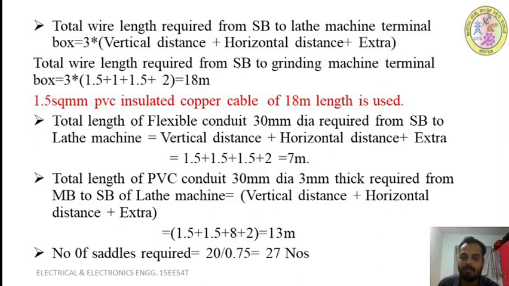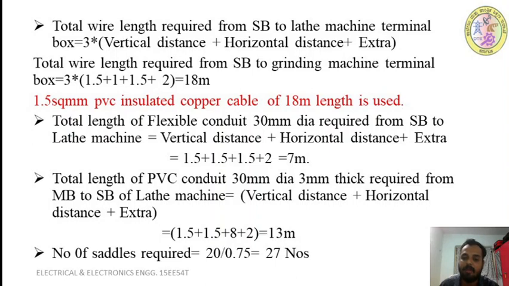Total it becomes 6.5, but we are rounding it to the next value, so that is 7 meter. Okay, so this is the flexible conduit from your starter board of lathe machine to the lathe machine terminals.